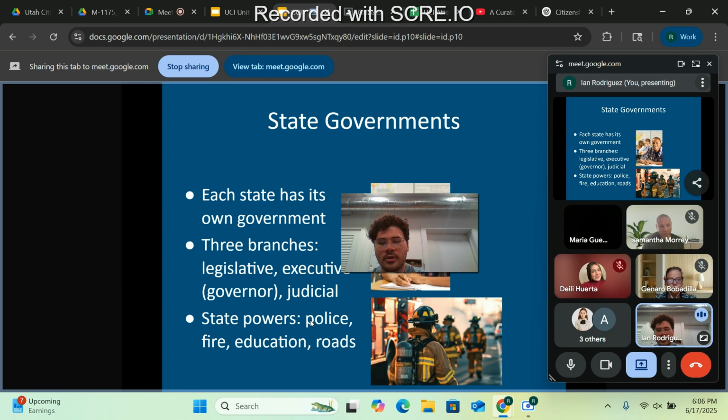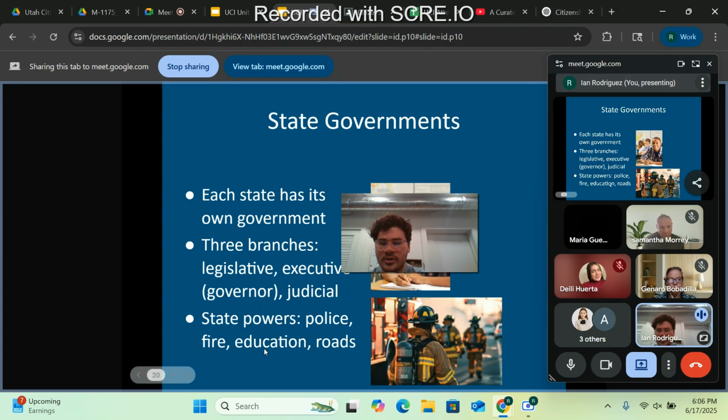But the state government also has things that it is in charge of. Each state has its own government, and they also have three branches just like the federal government in Washington, D.C.: legislative, executive, and judicial.